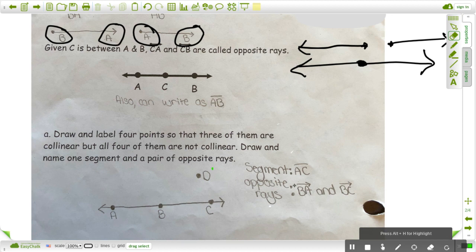As you can see over here, B is the endpoint for both of them, like shown in here, and point C and point A are near the two arrows. So they're written right here. And remember, these arrows always face to the right.